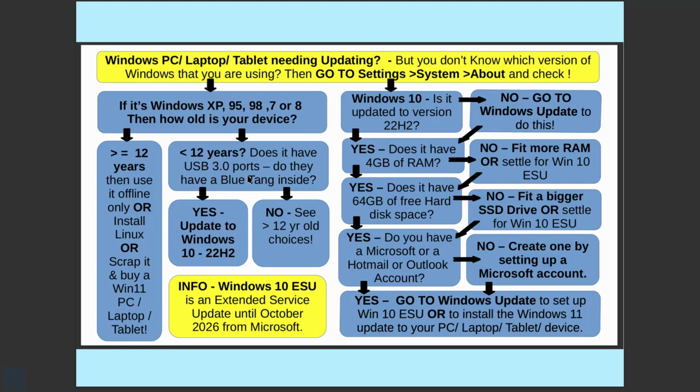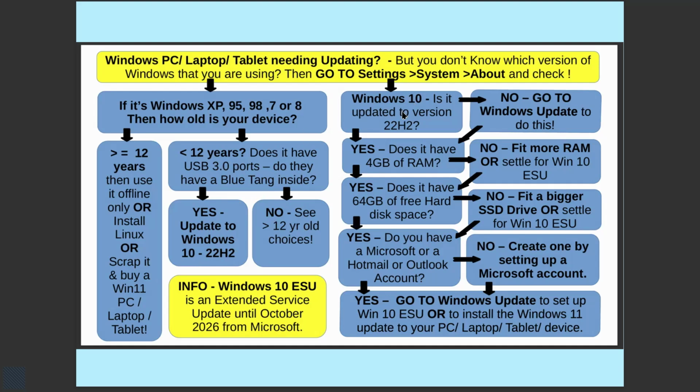If it doesn't have a blue tag, or you don't know if it has USB 3 ports, you'll have to look up the specification on the internet of your actual device. If it doesn't have USB 3 ports, then it's the same as a 12-year-old computer. It's too slow to support Windows 10, and therefore you have to use these potential responses.